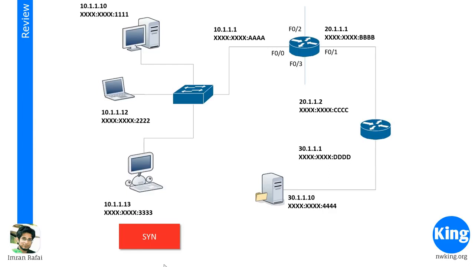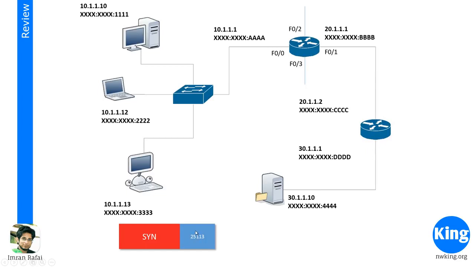So let's look at how a SYN message is sent from this computer, 10.1.1.10, trying to create a three-way handshake with this server. Let's assume they want to do an FTP connection. The IP address of the server is 30.1.1.10, and this device knows that it wants to send to port 21.